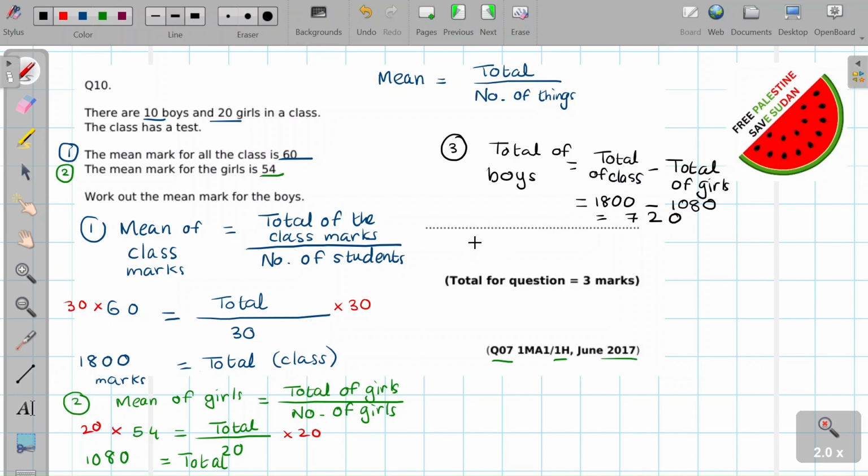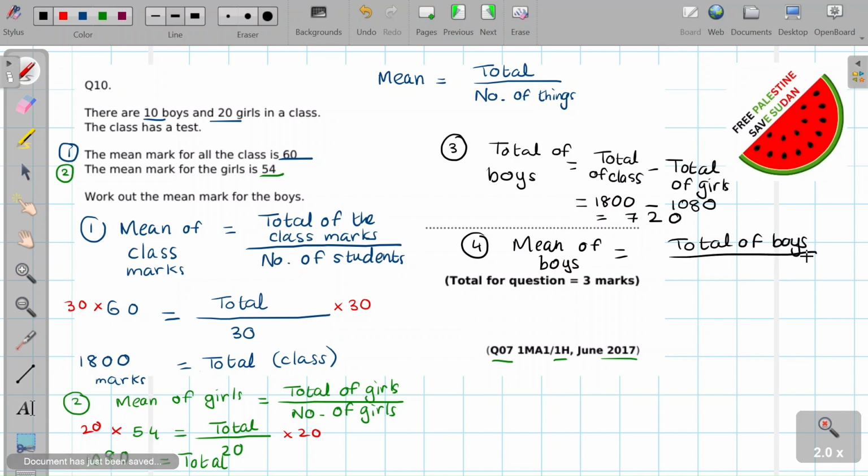So the mean of boys is equal to total of boys divided by the number of boys. Let's say total of boys marks, I should say, and class marks, and girls marks.